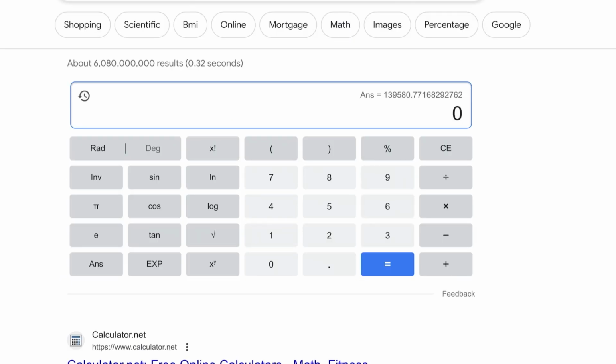I am showing you how to use the calculator on Google, but everyone's calculator is different, so please learn how to use your calculator. 1 minus 1.07 raised to negative 25. This is everything inside the square bracket. Enter.